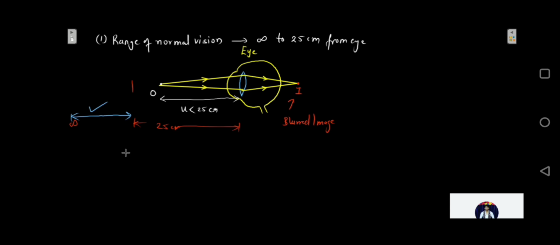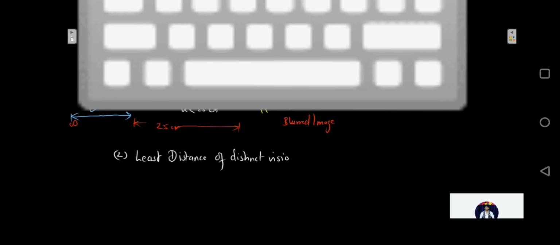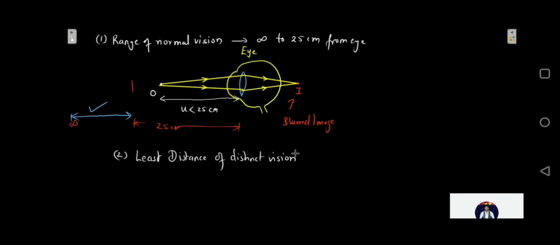The second term over here is the least distance of distinct vision. The minimum distance from the eye at which an eye can see the object clearly and distinctly without any strain is called the least distance of distinct vision.